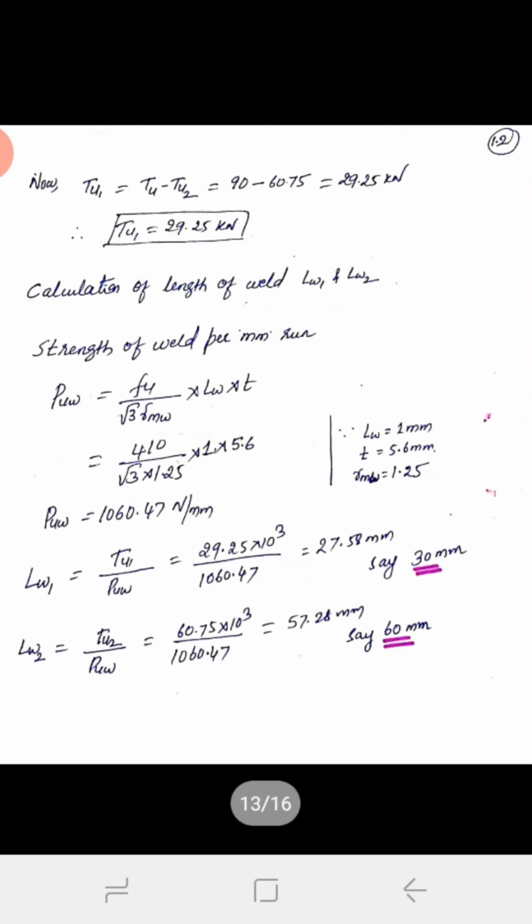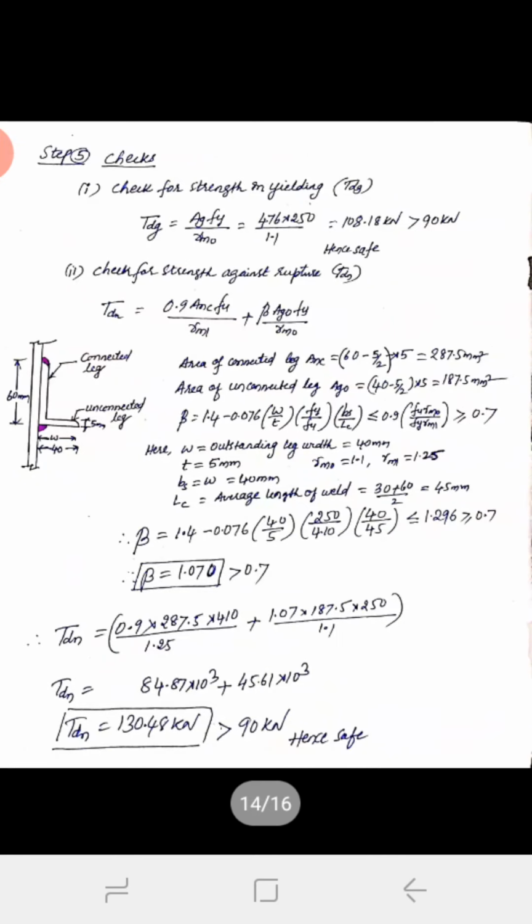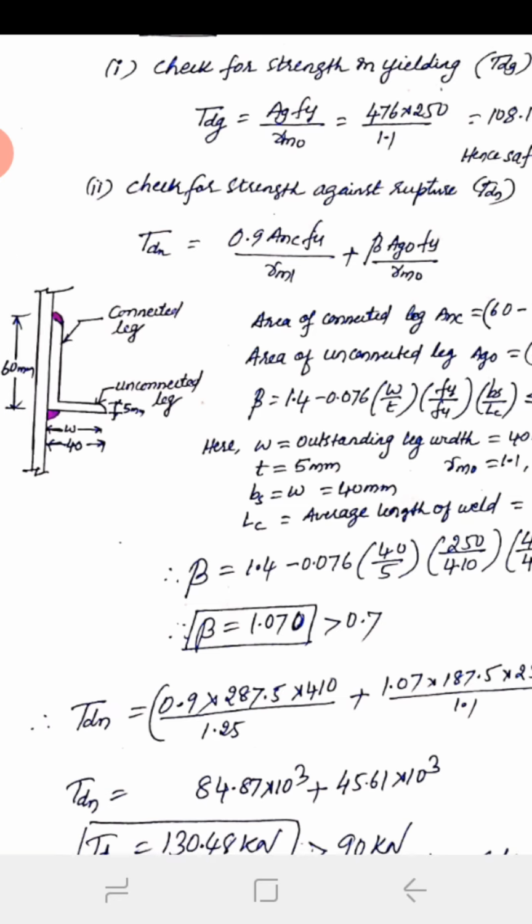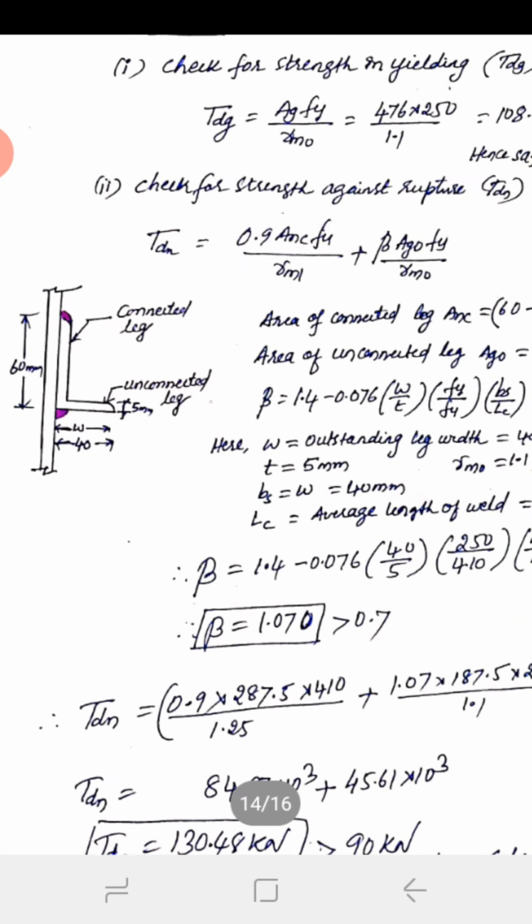Here, for the TDN formula, I have taken the same formula given in IS 800 2007. Then you go on calculating each one, that is ANC, AZO, FU, gamma m1. ANC is the connected leg area.